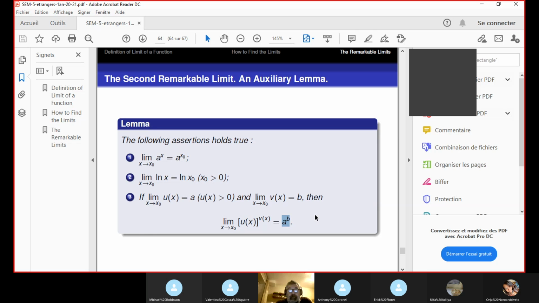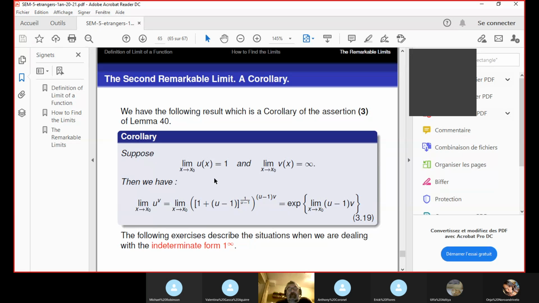But what is important, we will use this result in a special case when the limit of u of x as x goes to x0 is 1, and the limit of v of x as x goes to x0 is infinite.